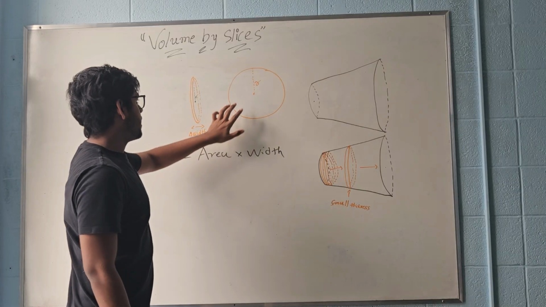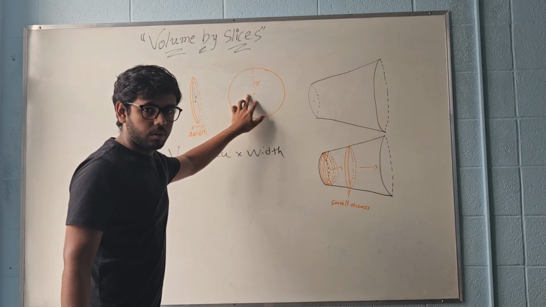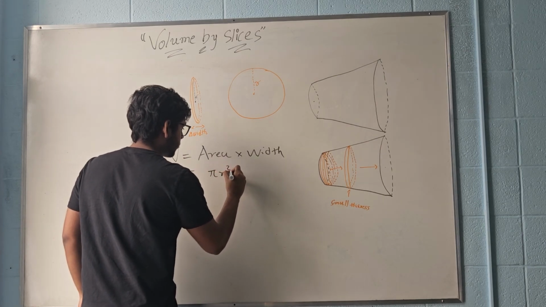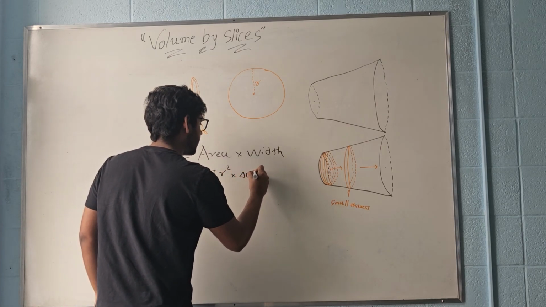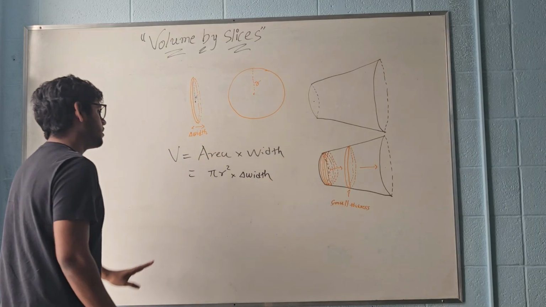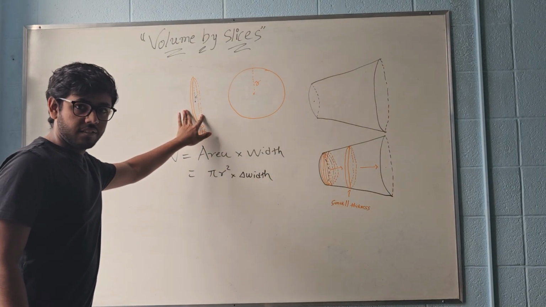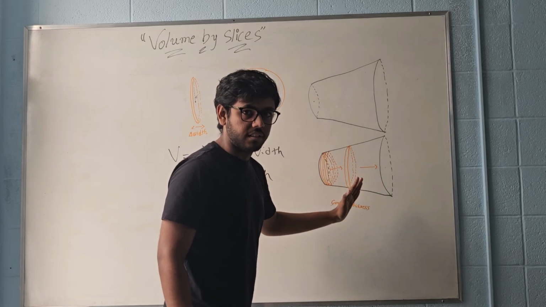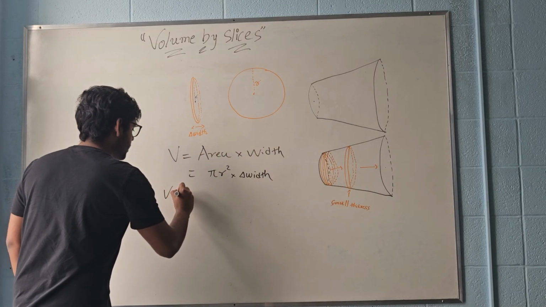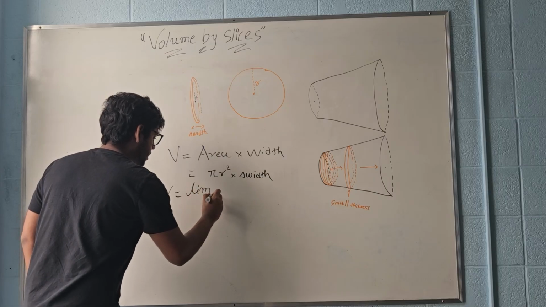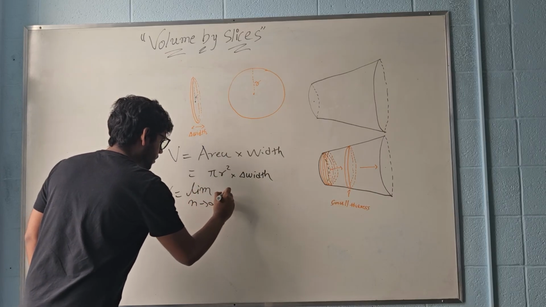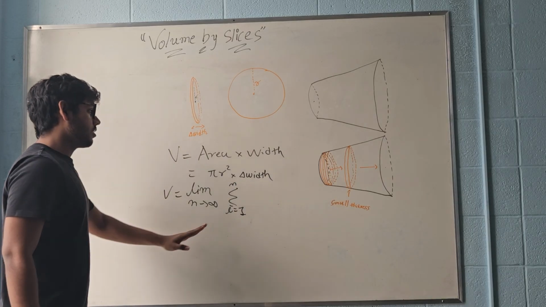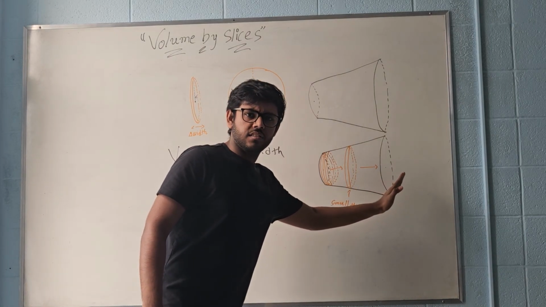Our area is pi r square, right? It's a round, of course. It's a circle, pi r square, and our width is delta here. But this is for only one slice, right? We have multiple. In fact, we have infinitely many slices, cross sections. So what we will do is take the sum of all these infinitely many slices, right?